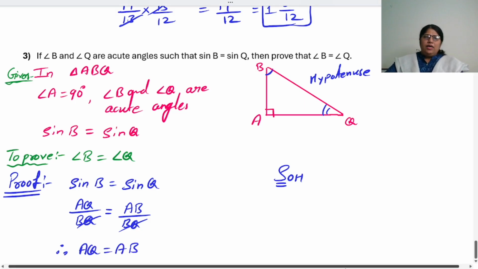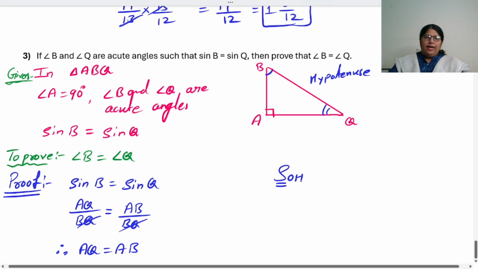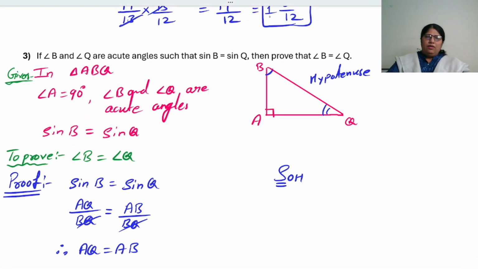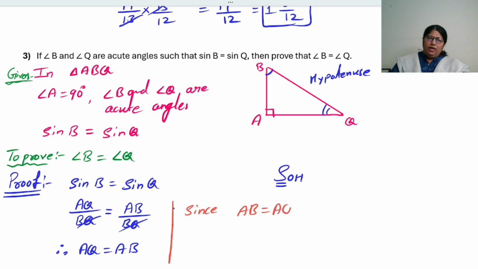Now if AQ is equal to AB, can you see that it is an isosceles triangle, right? So you can mention here, since AB is equal to AQ, triangle ABQ is an isosceles triangle.